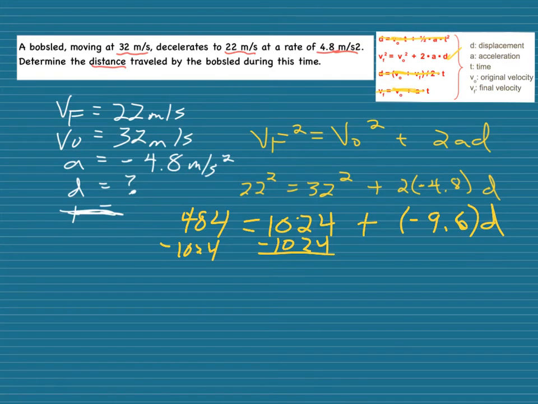So that's going to equal negative 540 equals negative 9.6 D. When I get to that, divide both sides by negative 9.6.